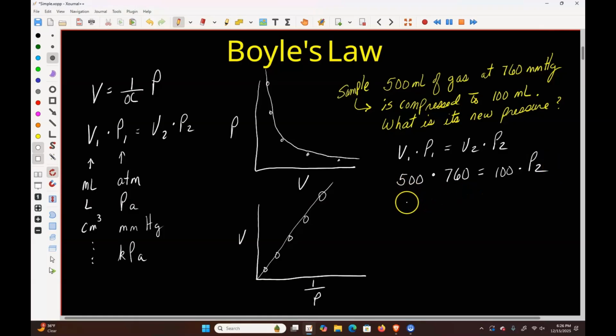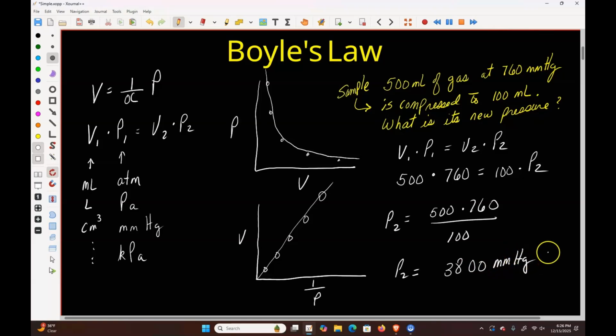So let's divide both by 100. So pressure 2 is equal to 500 times 760 over 100. So my pressure 2 then is equal to 3,800 millimeters mercury, or you can say it's 5 atmospheres.